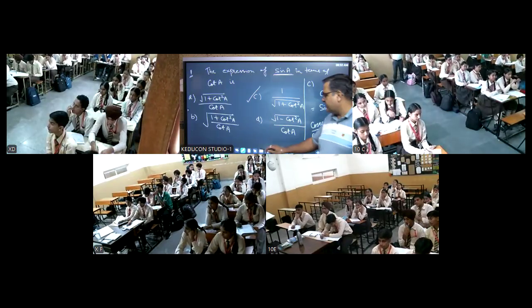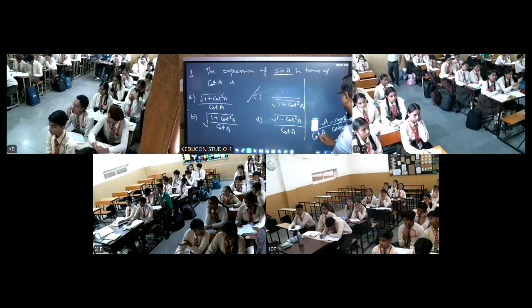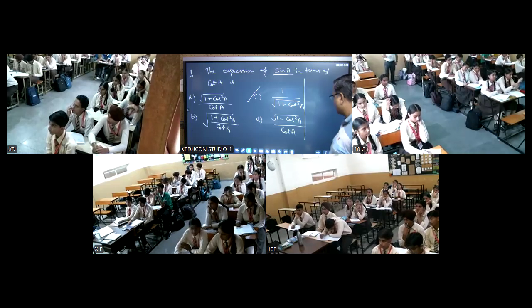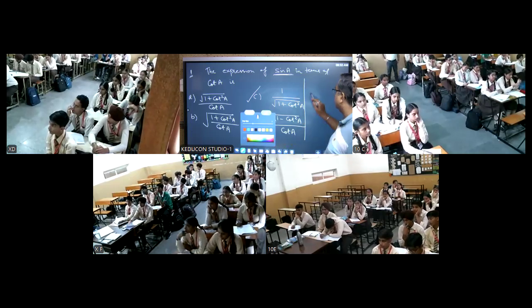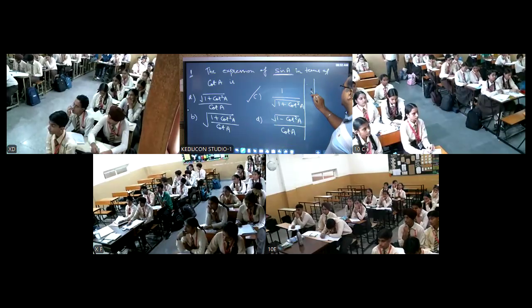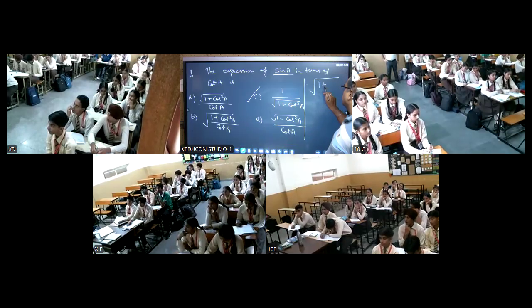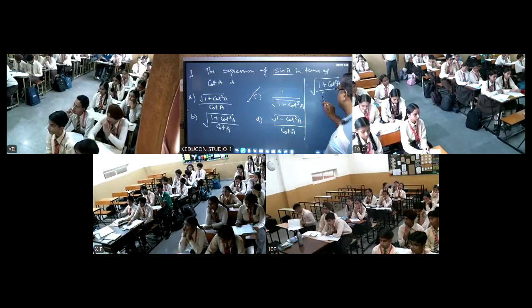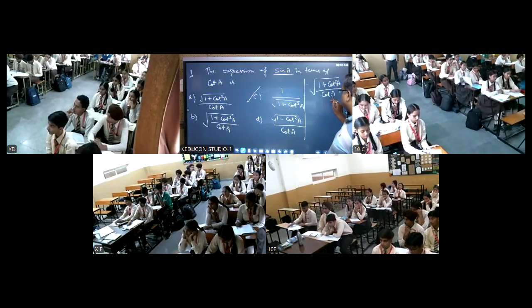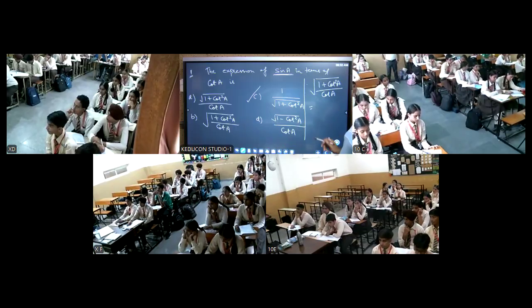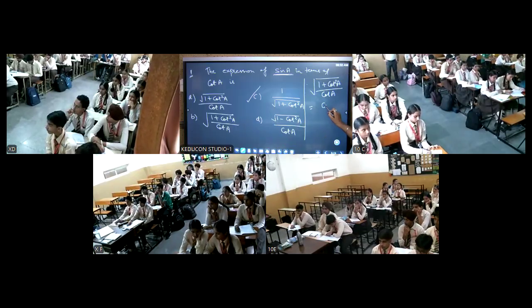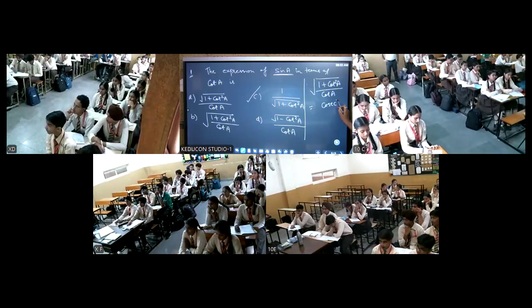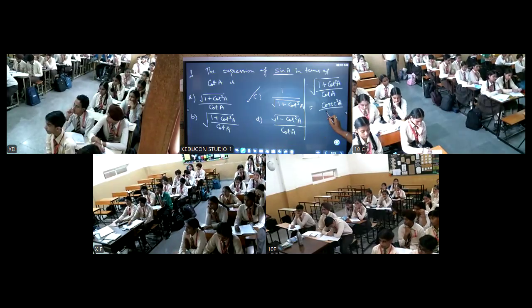Now when you do the second choice, under root 1 plus cot square A over cot A. What is 1 plus cot square A? Cosecant square A over cot A, right?